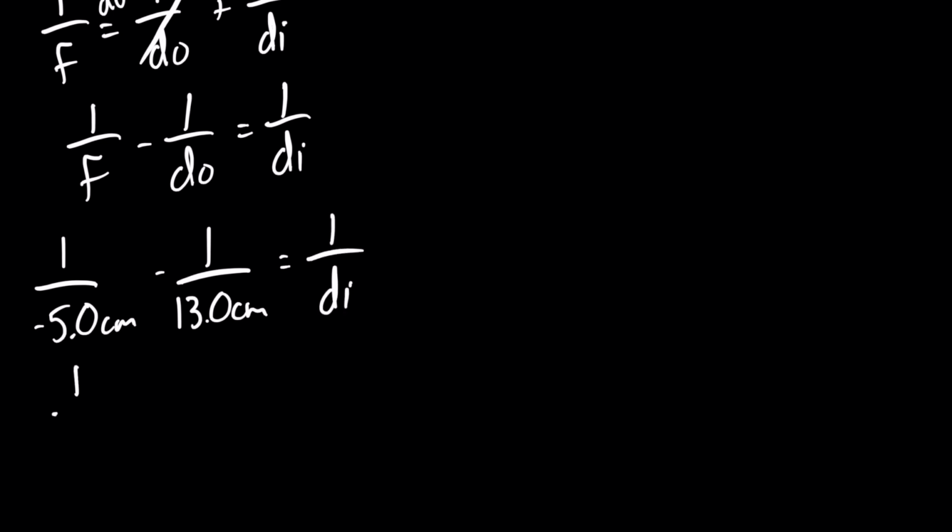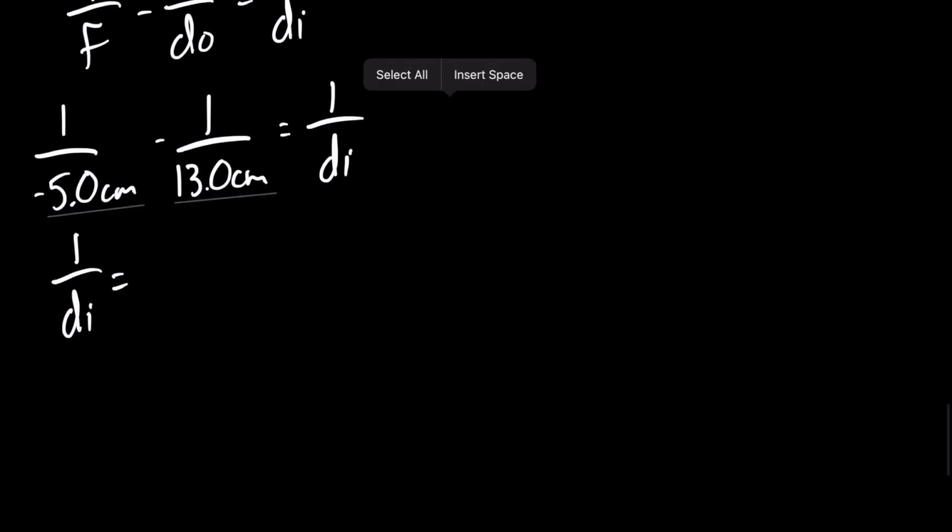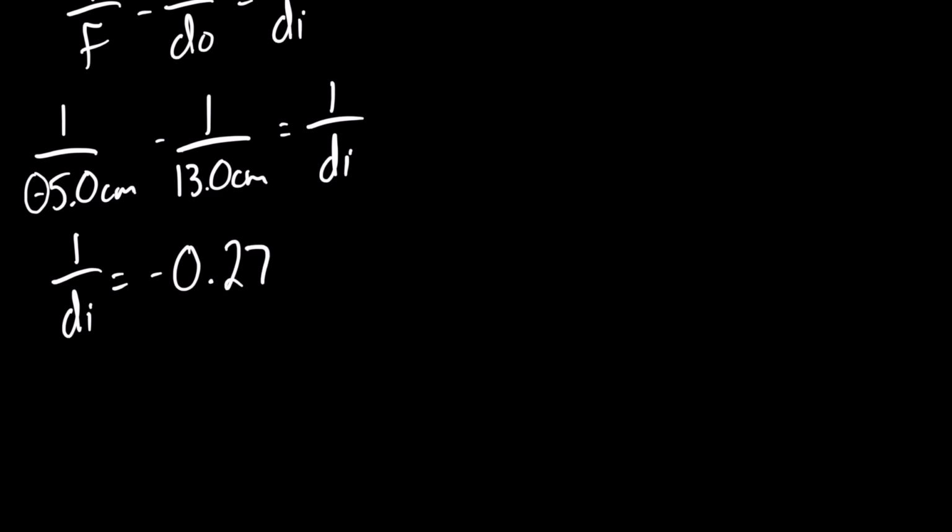So if we put this into our calculators here, folks, we'll get kind of an ugly looking number here. Make sure to keep this negative on our focal length. It is quite important. But 1 over di will equal 0.276973.